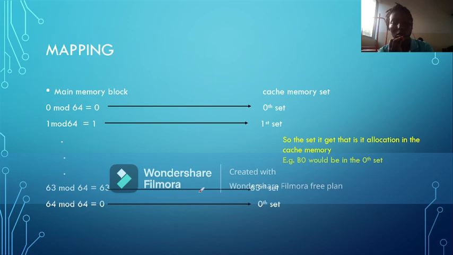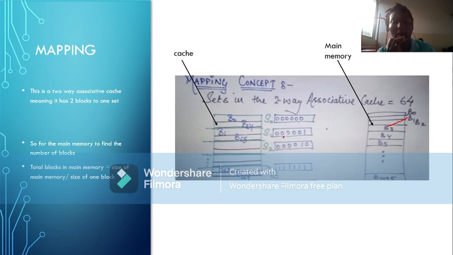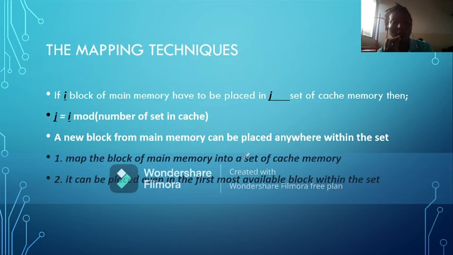Remember, we are arranging the blocks from the main memory inside the cache. That's what was given over here: if block I of the main memory has to be placed inside set J of the cache memory, then J is equal to I mod the number of sets in the cache.